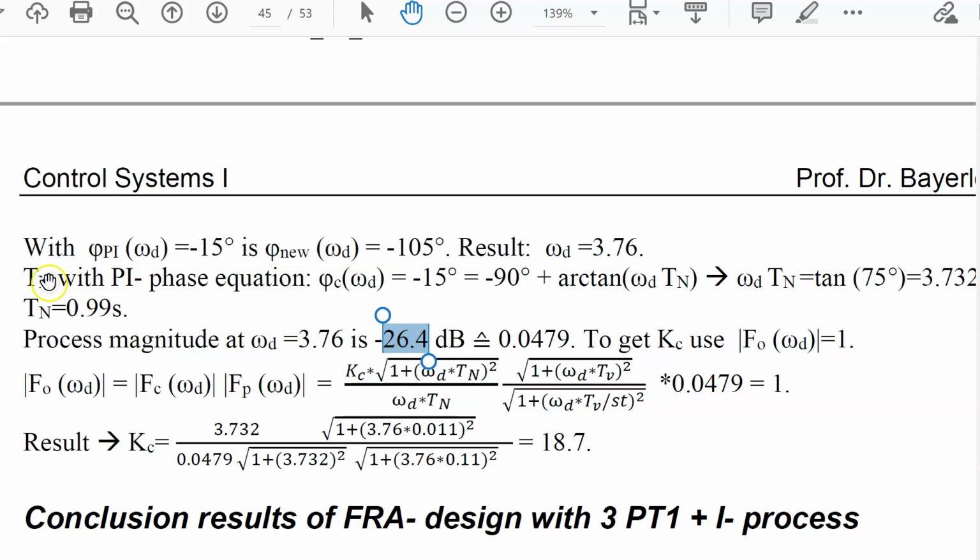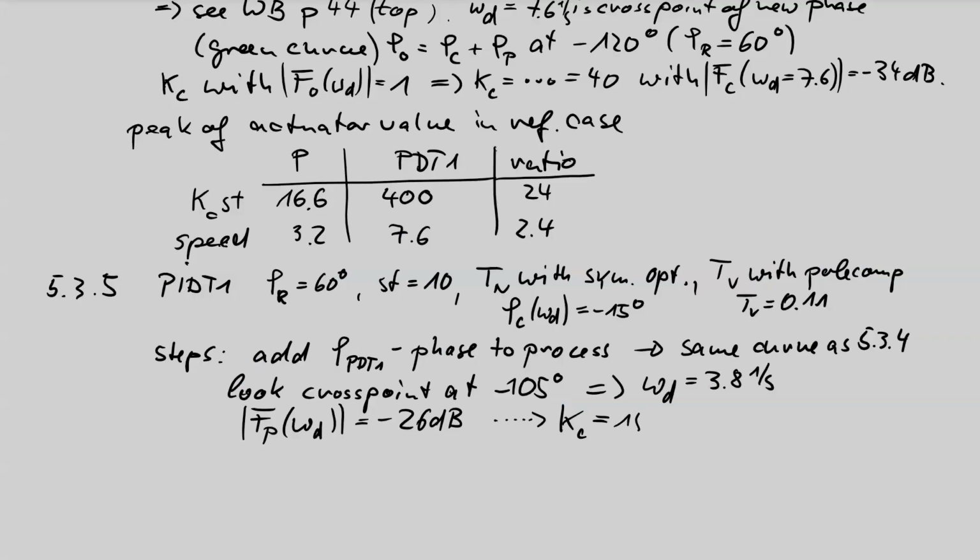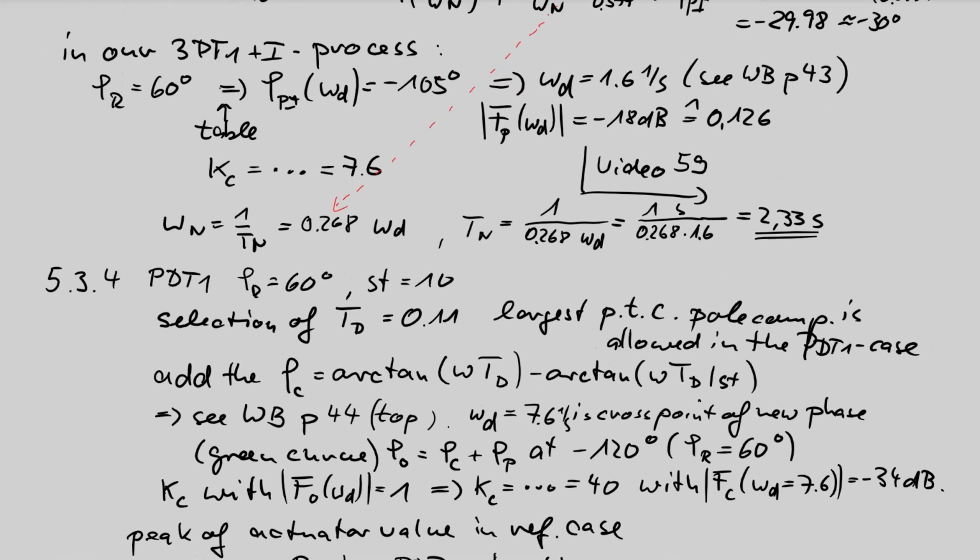Yeah, we have, of course, looking into the symmetrical optimum design, how to calculate the Tn value, and T value is 0.11, step depth is 10. And with these values you can calculate 18.7, but before you can calculate this, the Tn value has to be calculated in the same manner as before.